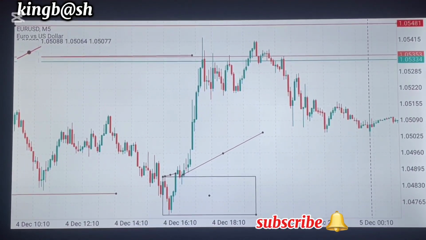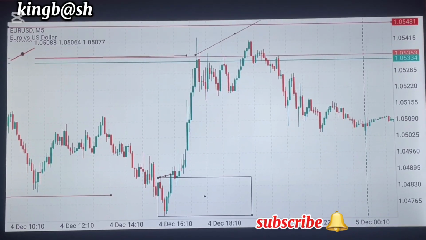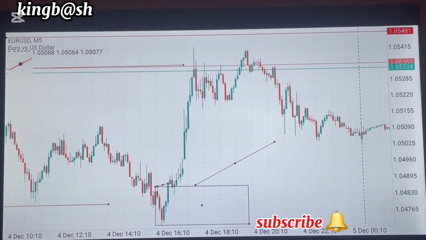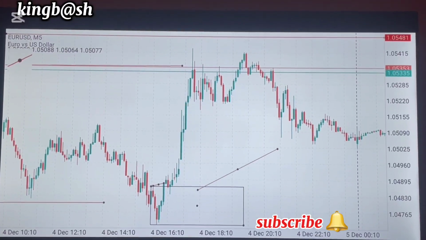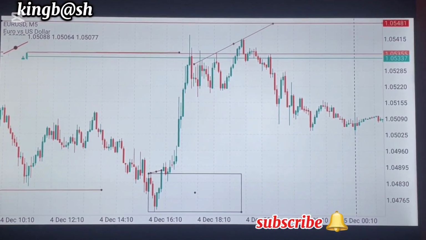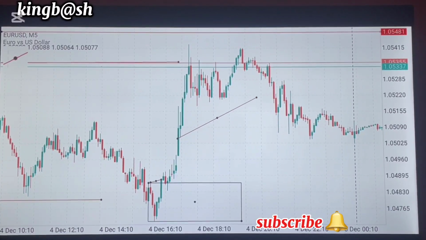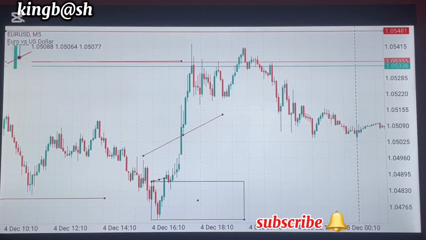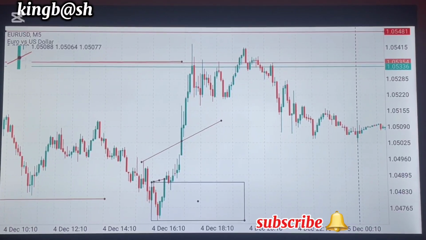You place your trade here, put your stop loss here, and take profit here. From here down to this position is almost around 1 to 2.5 or 1 to 3. So this is how to spot liquidity and take your entry using liquidity.